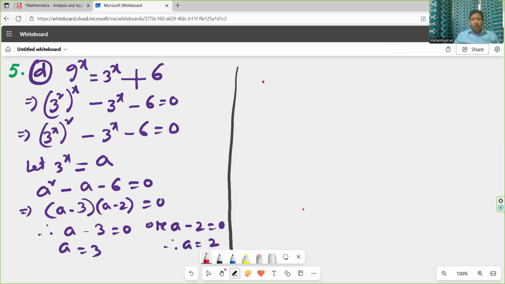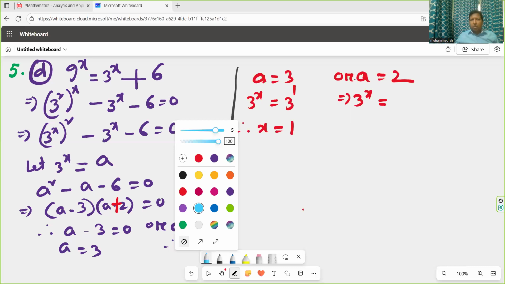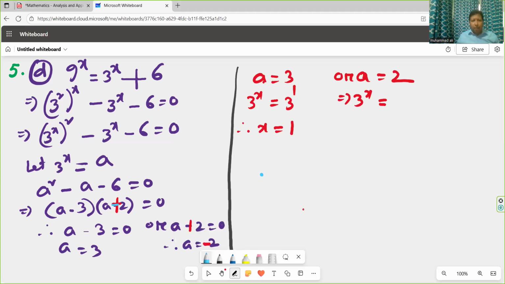Now a equals 3. So instead of a, we can write 3 to the power x equals 3 to the power 1. Both bases are the same, so the powers are equal: x equals 1. For the other factor, it will be (a plus 1)(a plus 2) equals 0.